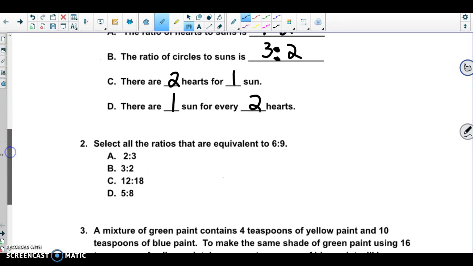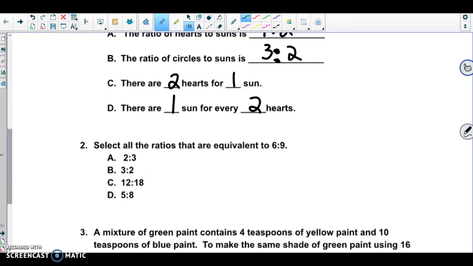It says select all the ratios that are equivalent to 6 to 9. So I can do different things with that. I could set up a table to help me with that, or a double number line. But basically, if I use my table here, 6 to 9, I could divide both of them by 3 to get 2 to 3.